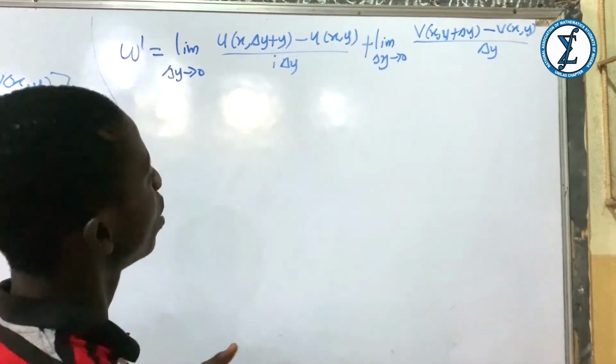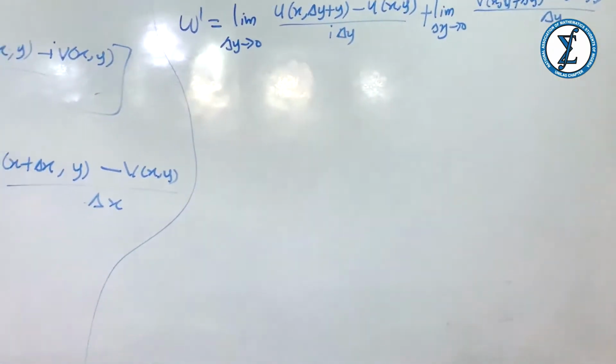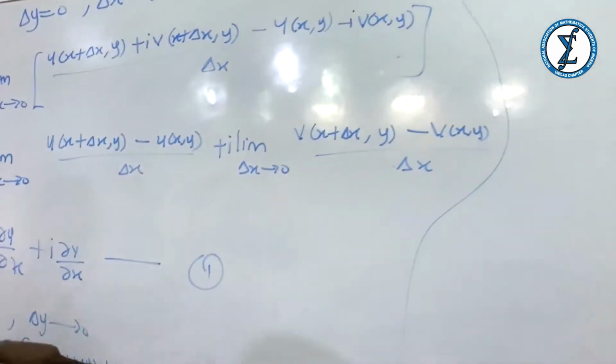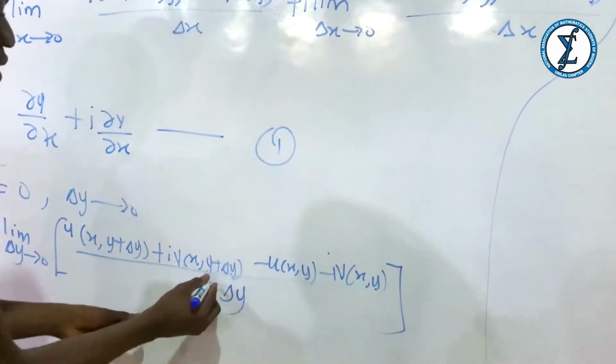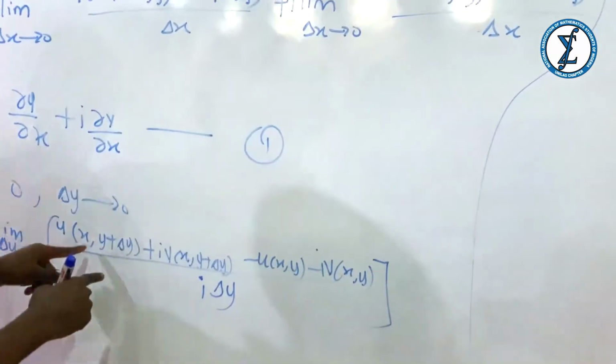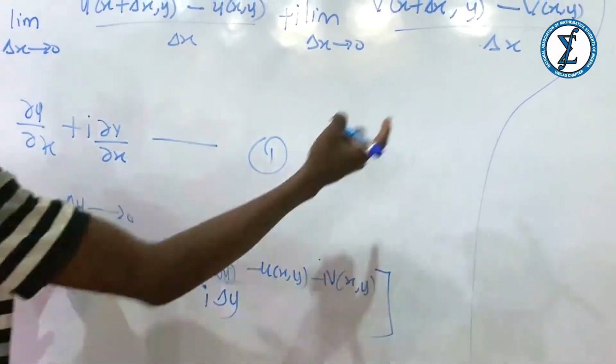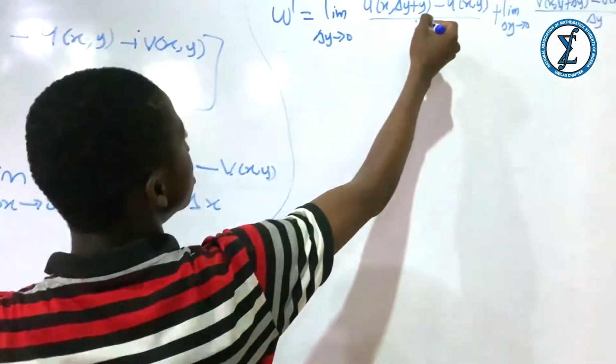Now you'll be wondering where the i went to. If I factor out this i from this, it will have cancelled out with this one here. Then for the u, that's why I have this i as the denominator here.